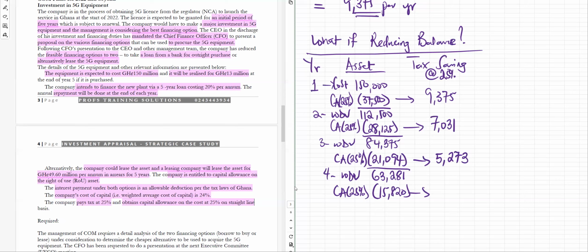Now we save tax on this as well at 25%, and that is 3,955. So we come to year 5 where we have the written down value for year 5.